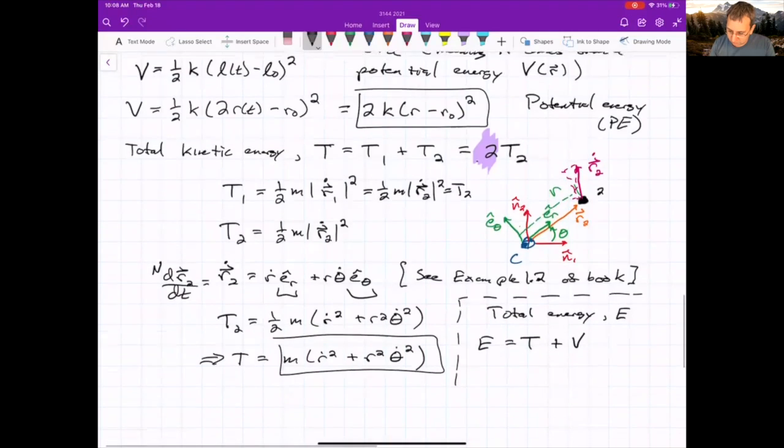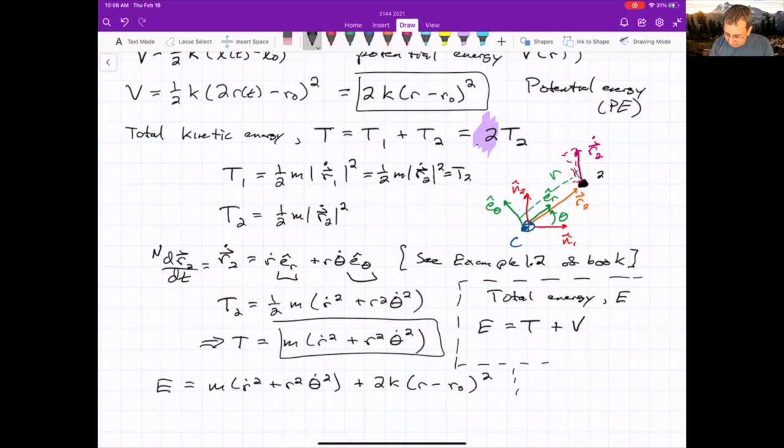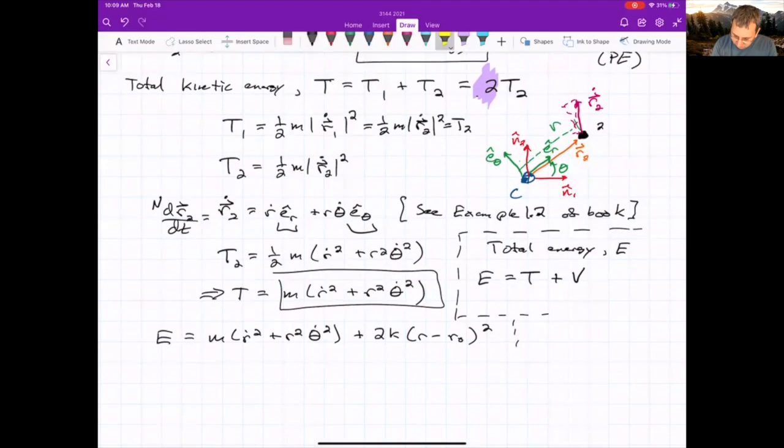So we've got enough to write that down. E equals m (R dot squared plus R squared theta dot squared) plus 2K (R minus R naught) squared. Three of these things can vary with time.